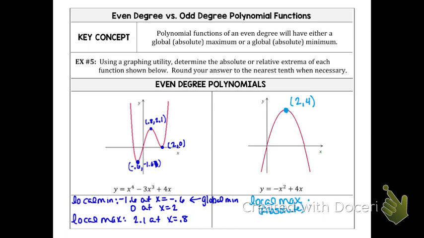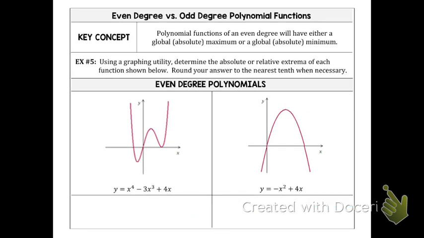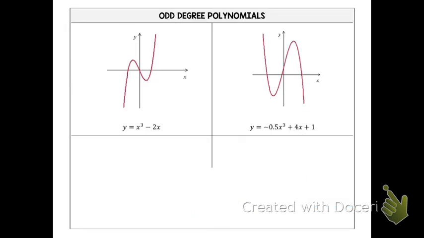And that's going to be 4 at x equals 2. All right, then we've got odd degree polynomials. I'll go through and find those 2 points.